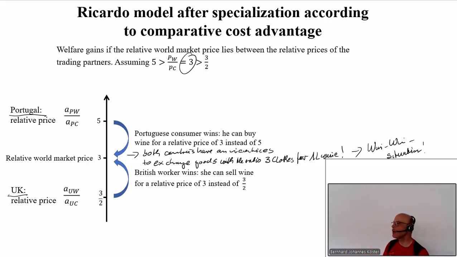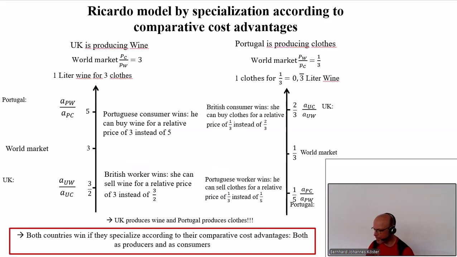So here you see automatically for both countries, it is a good decision to specialize in the production of this good where I have this comparative advantage. Because in order to be complete, I can look at this also in the perspective of the other good.